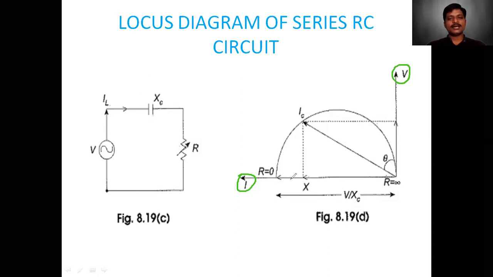So when R is equal to 0, which means resistance is 0, only capacitance is present in the circuit. Therefore, the phase angle theta between voltage and current would be 90 degrees, which means current leads voltage by 90 degrees.